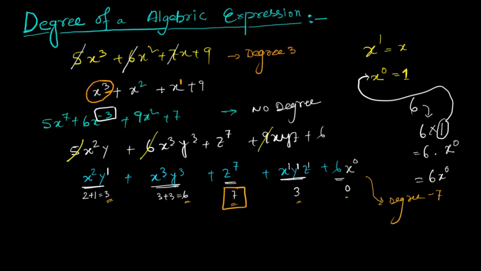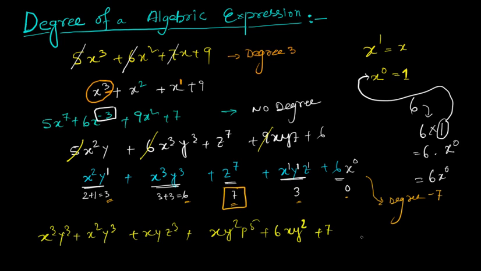Let me give you one other example. Say we have x cubed y cubed plus x squared y cubed plus xyz cubed plus xy squared p to the power 5 plus 6xy squared plus 7.